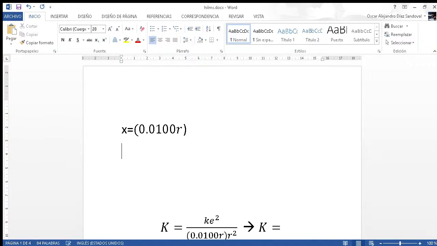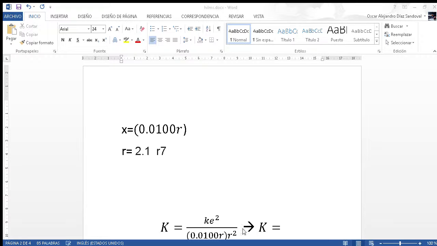So this is a simple operation to find the 1% of the distance R, in micrometers.